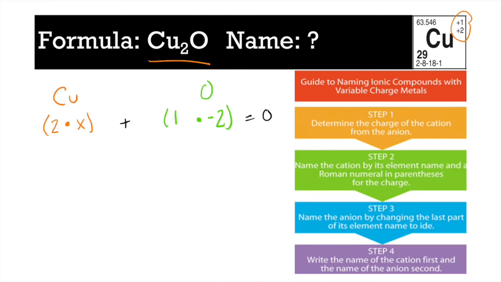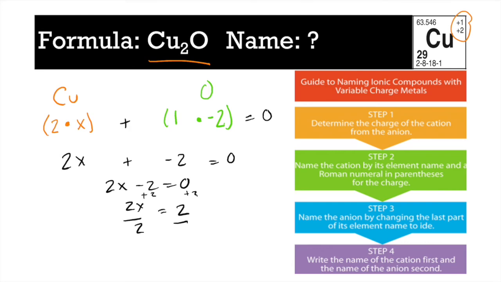So if you did that, you should have gotten 2x plus -2 equals 0. If you neaten it up a bit, 2x minus 2 equals 0. Add 2 on both sides. 2x equals 2. Divide by 2, x equals 1. So that tells us we're using that +1 option.